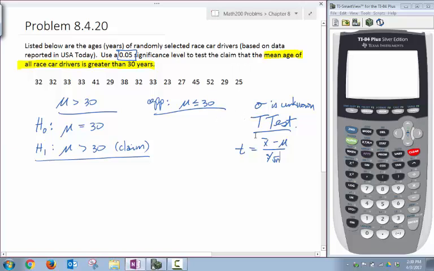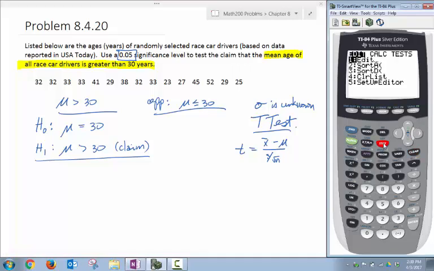Instead of doing that, we will use our calculator and the data. Go to our calculator and make sure your data is inputted. I've already inputted the data on my calculator.